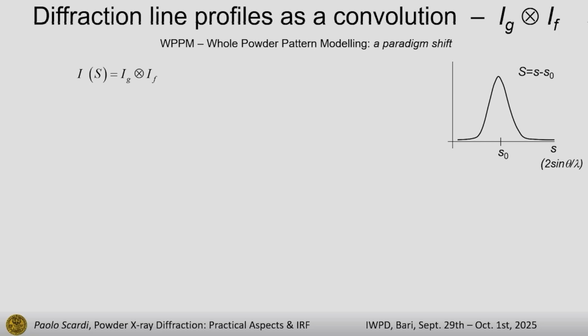The idea is to consider, as we have seen before, that a diffraction peak is a convolution of G, the instrument component, and F, the microstructure component. Now the variable you read, S, is the inverse of interplanar distance. I'm writing everything in reciprocal space units, so inverse length. So capital S is the distance in reciprocal space from the Bragg condition, because we're talking of powder.